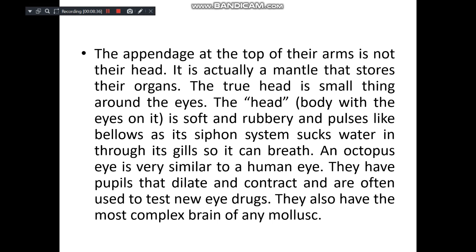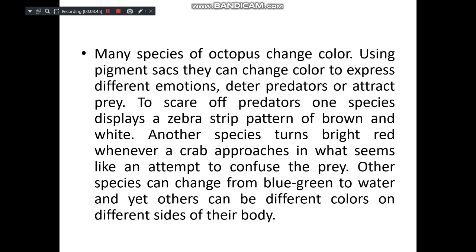In fact, they have the most highly developed brain among the molluscs. It is also seen that many species of octopus can change color, as the animal has a pigment sac which can store the pigment.